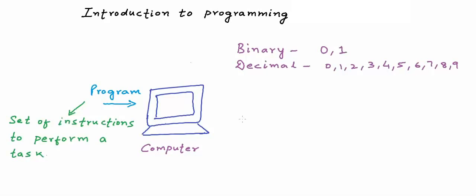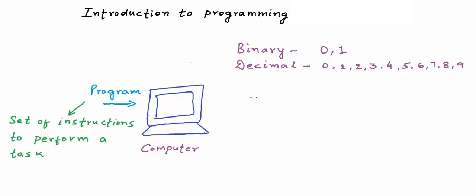So why does computer understand binary? Or rather, why are computers designed to understand binary? The reason is, binary is really easy to simulate in actual physical design of things, in real hardware. Computer is an electrical device, and it's really easy to create the logic of 0 and 1 in an electrical circuit.